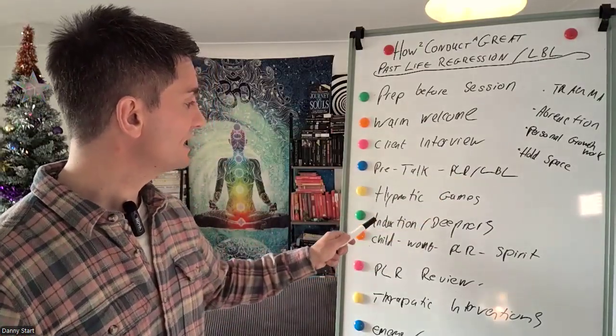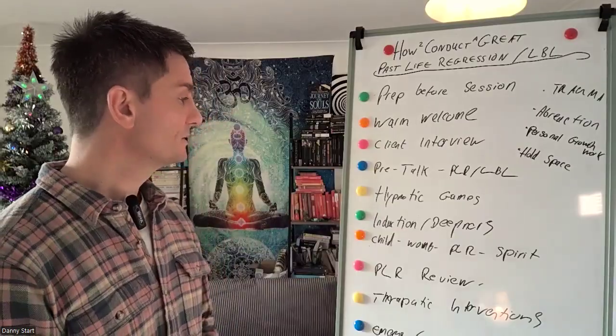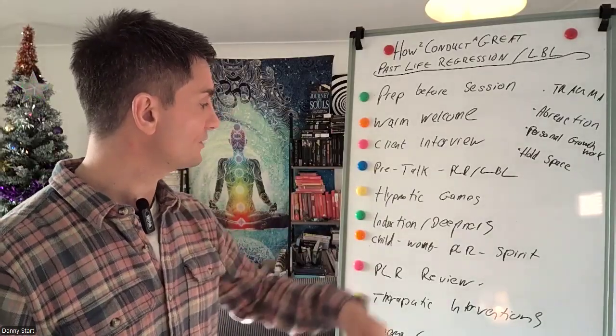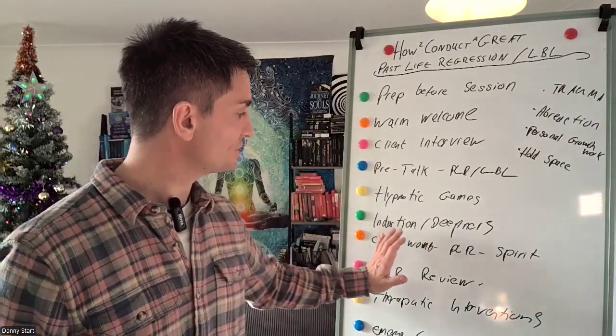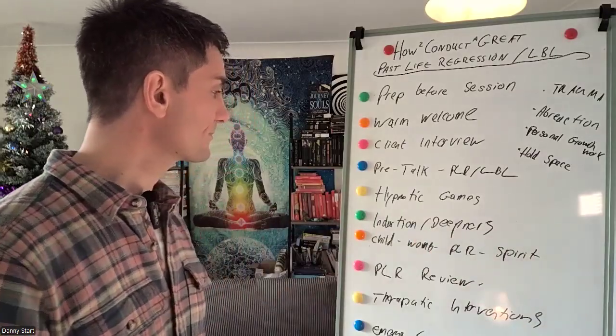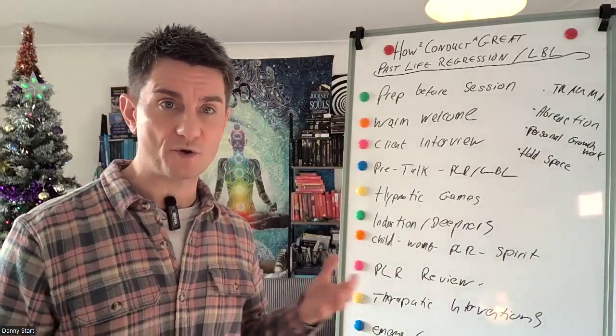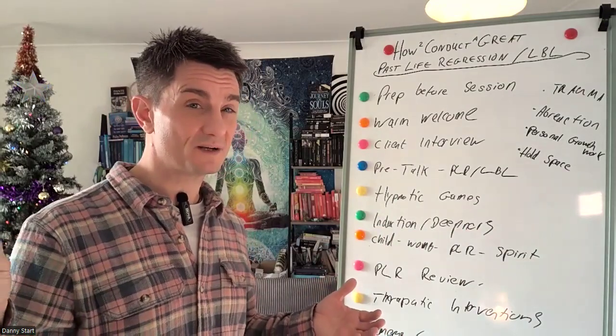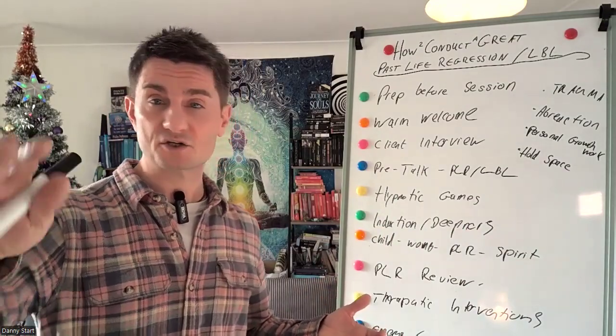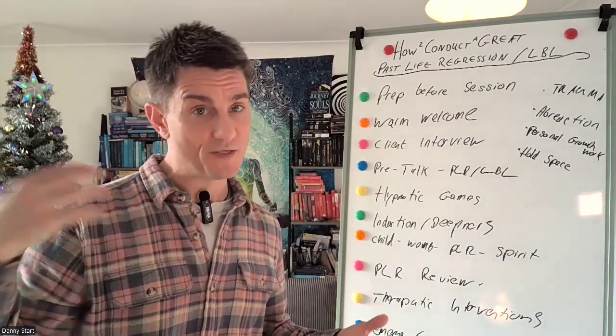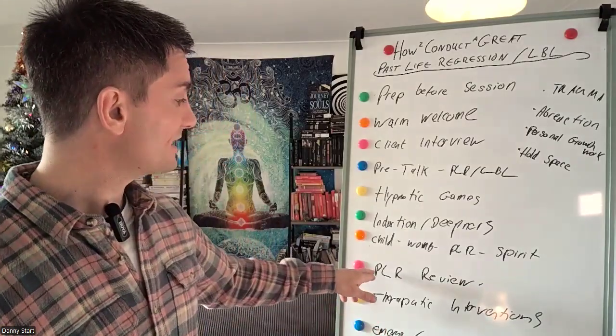Hypnotic games, inductions and deepeners. We will do a whole talk on that. And then the root, child, room, past life, spirit. Again, that can vary on where you want to go. And sometimes the guides or their soul has different ideas on where they're going.